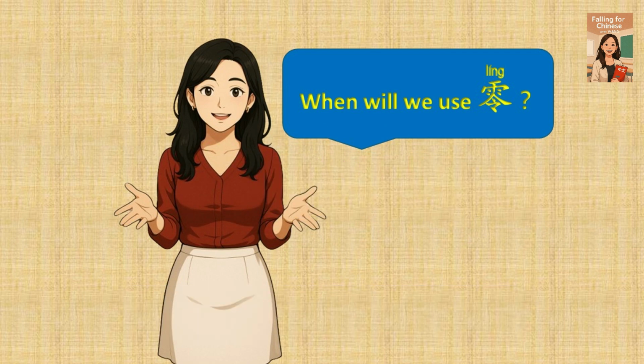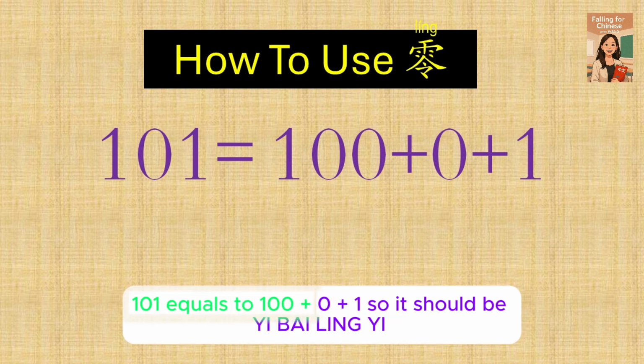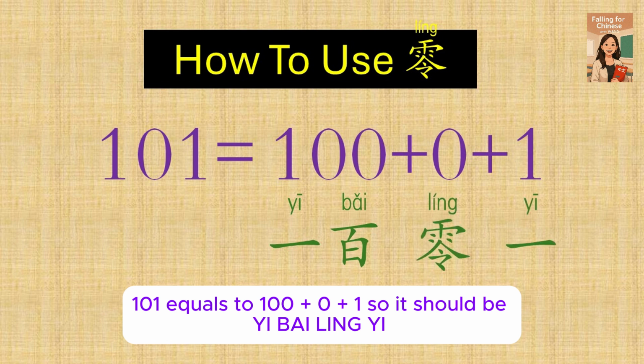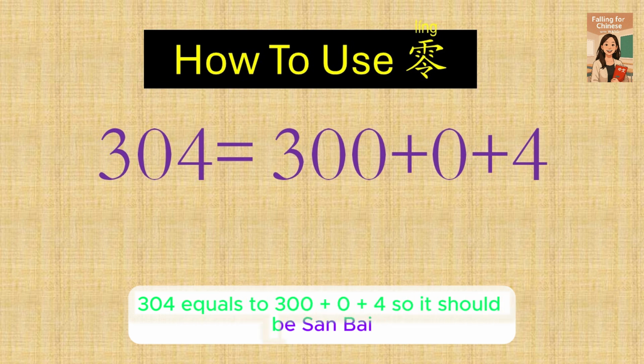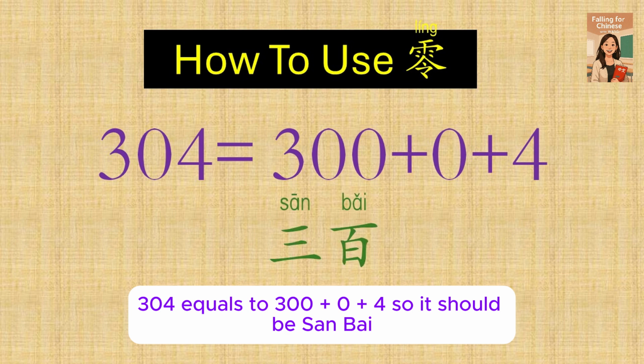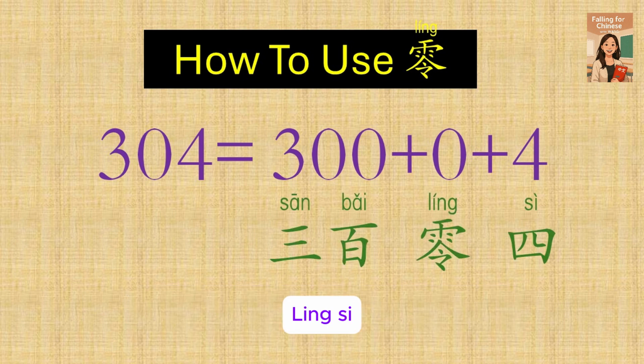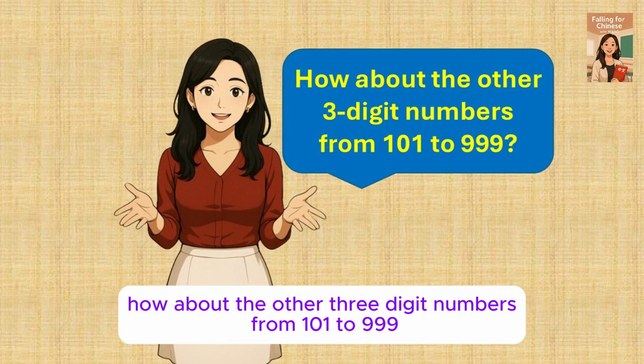For example, 101 equals 100 plus 0 plus 1, so it should be 一百零一. 304 equals 300 plus 0 plus 4. So it should be 三百零四. How about the other three-digit numbers from 101 to 999?